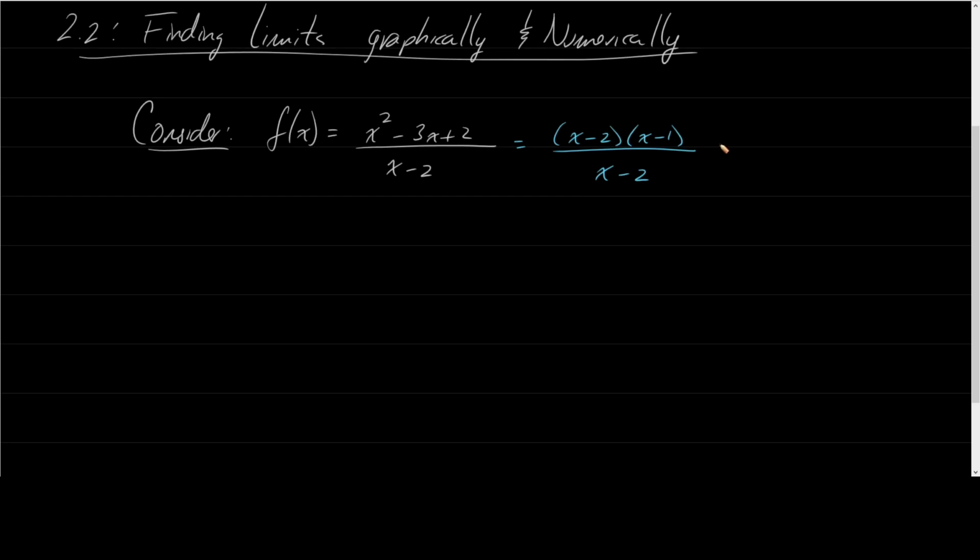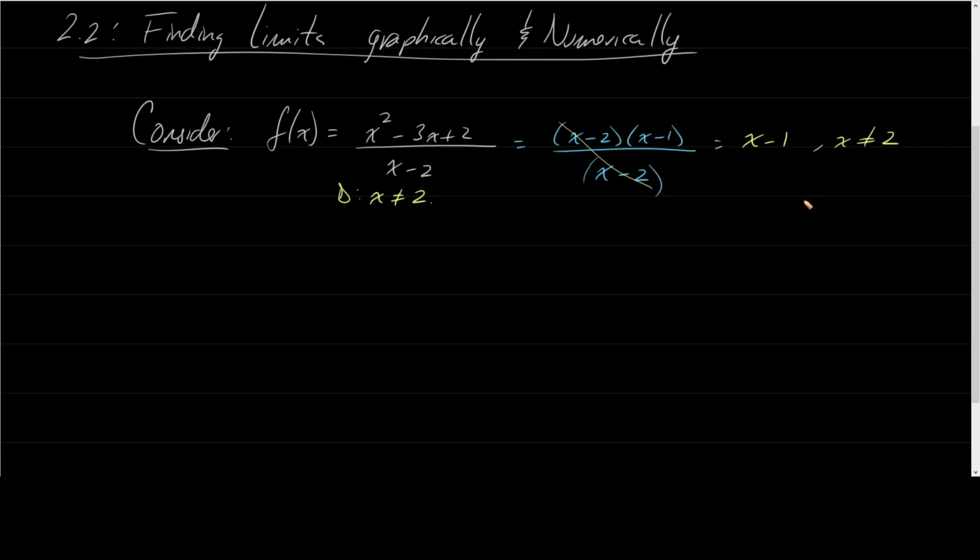What we see now is that the x minus 2's cancel each other out, and that gives us the statement of x minus 1. Now, this is only true as long as x does not equal 2, because from the beginning we can say that the domain is x is not equal to 2.